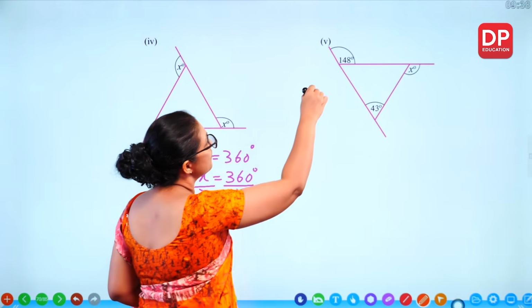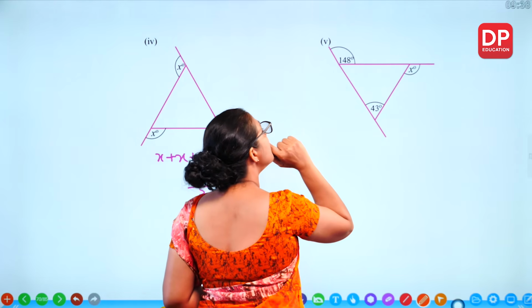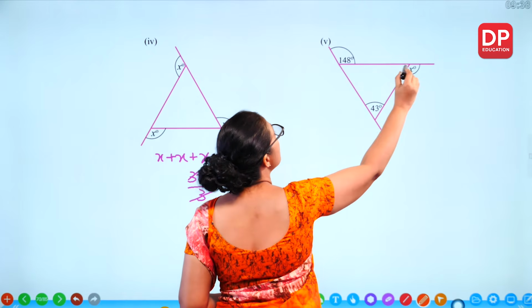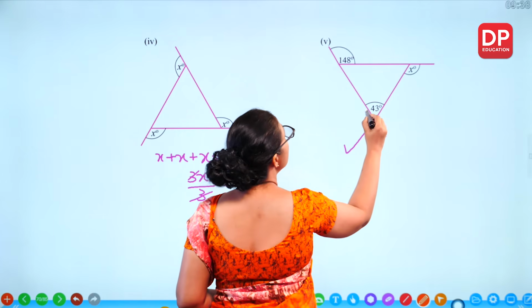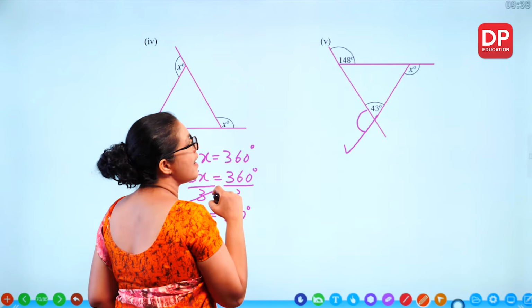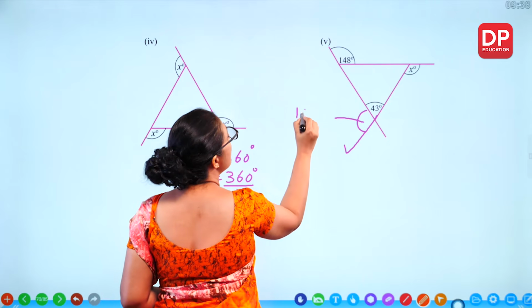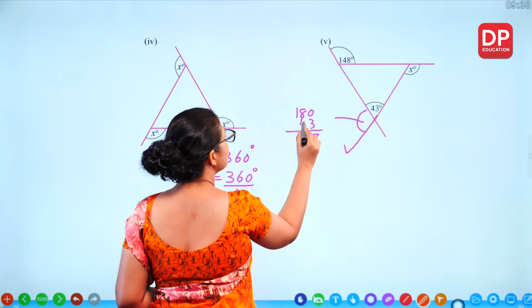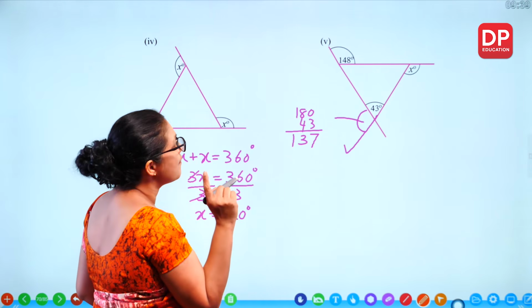This one, extend and see whether these are exterior angles. So these two are exterior. You have to extend this line, and this is the exterior angle. So if this is 43, what is this angle? 180 minus 43, so 137.